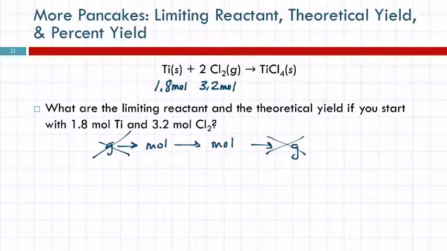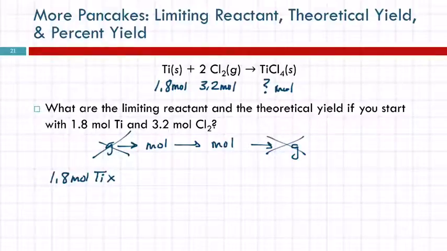So I need to do two calculations then. I need to do 1.8 moles of titanium, and I need to figure out, oh, I forgot to put the question. What are we trying to find? Theoretical yield of what? Well, it'd have to be this one. There's only one product. So we want to know this. I need to rewrite this question to say moles.